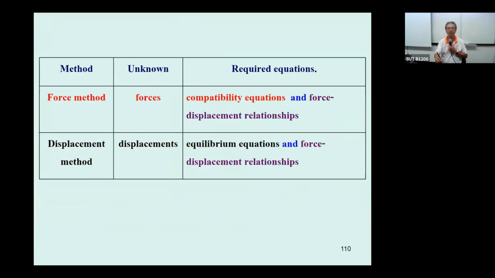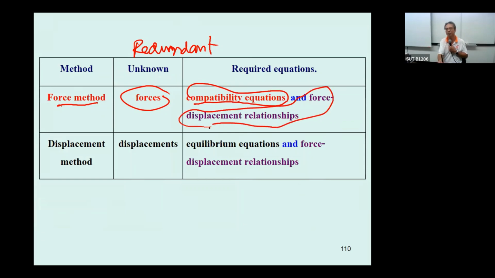Okay, in short, for the force method, you use force as the unknown. Remember the redundant. And during the solution, you use the compatibility condition, and you use the force displacement relationship. And in this subject, you use the displacement method. Now we use delta and theta as the unknowns.